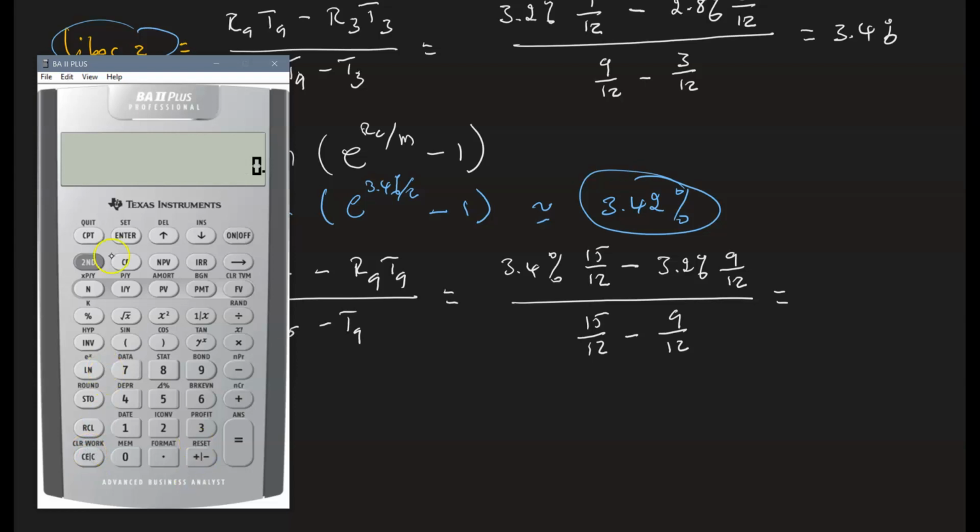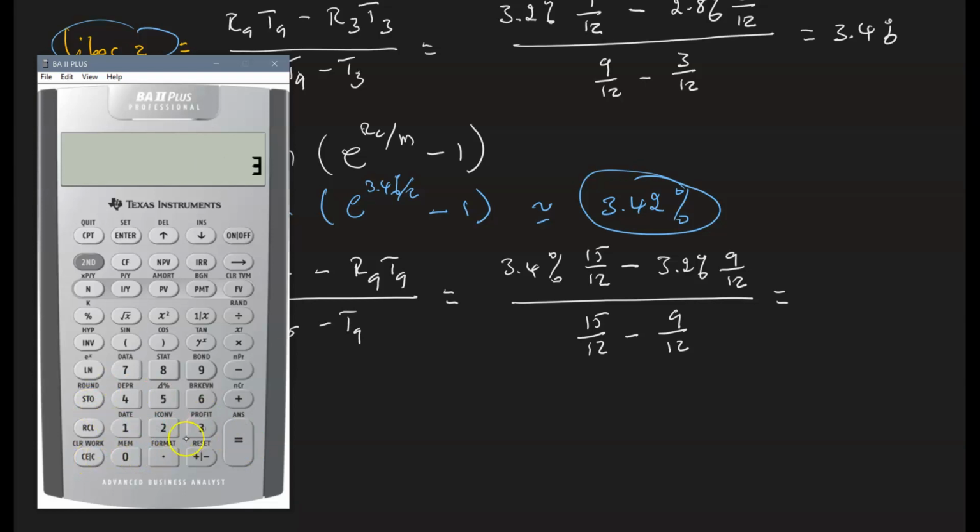Before I do that, I want to clear my memory. I'm going to say second function clear work in my memory. And so I'm going to do 3.4%, starting with the first one there, multiply by 15 divided by 12 equal. I'm going to store that in 1.